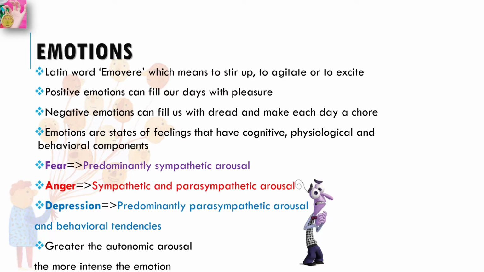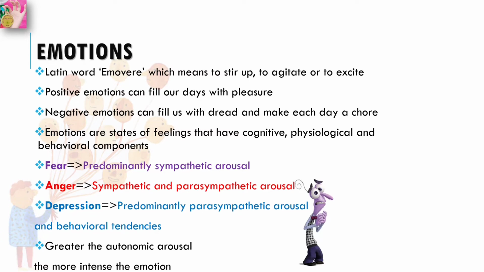And an emotion can at once be a response to a situation, in the way that fear is a response to threat, and it can also motivate our behavior, in the way that anger can motivate us to act aggressively.